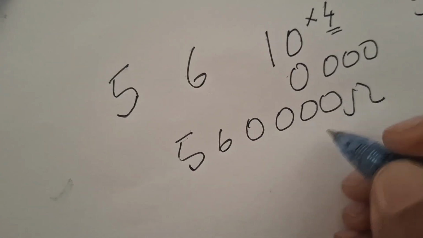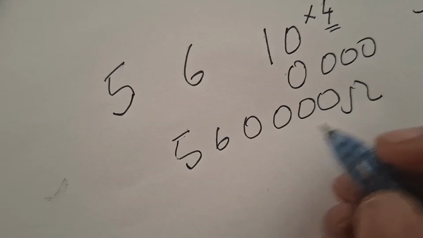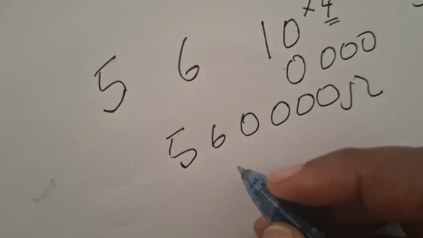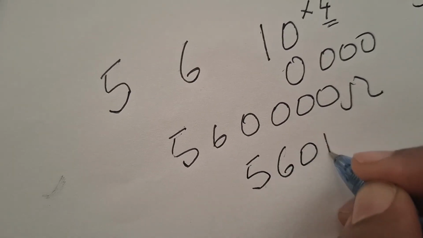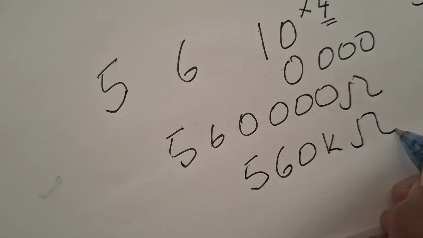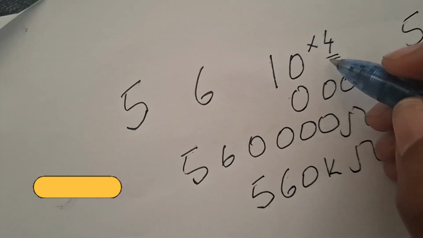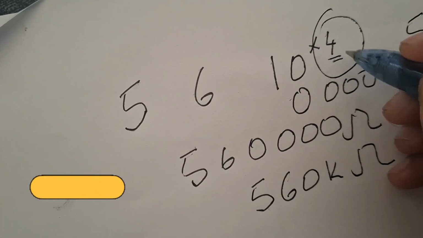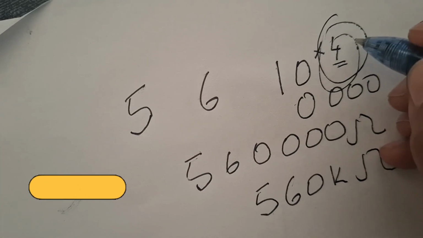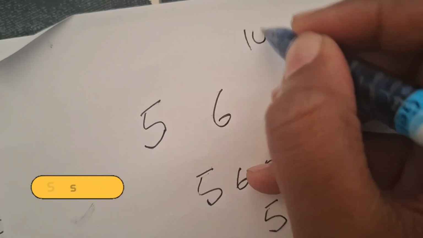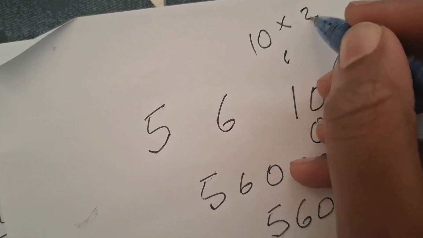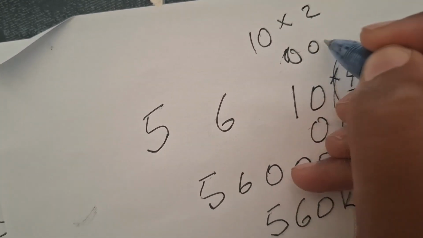And it would be that, or we can shorten it to 560 kilo ohms. Take the power of the number and represent it with zeros. For example, if it's 10 to the power of 2, we represent this 2 with 2 zeros.